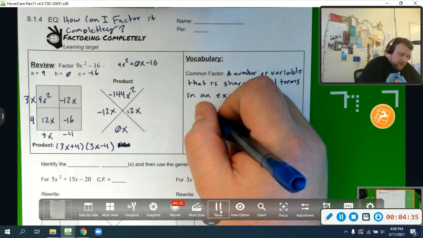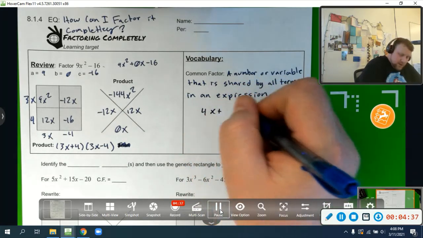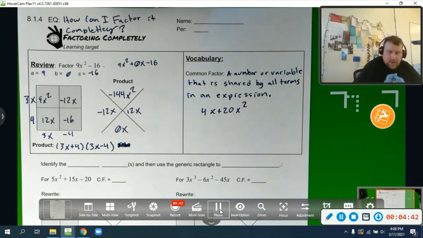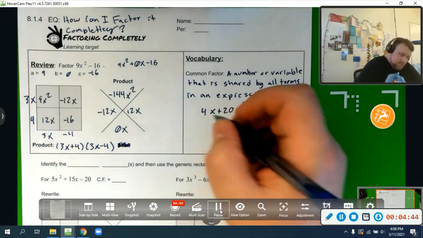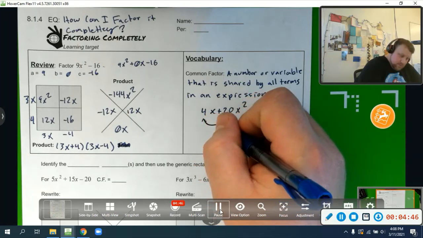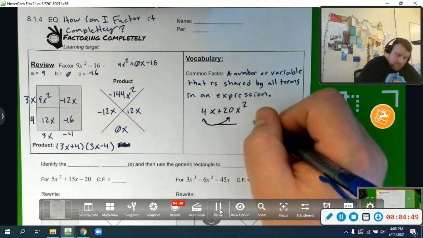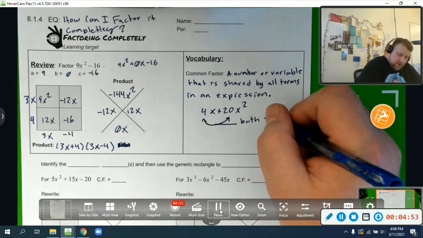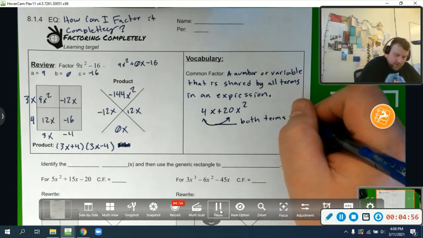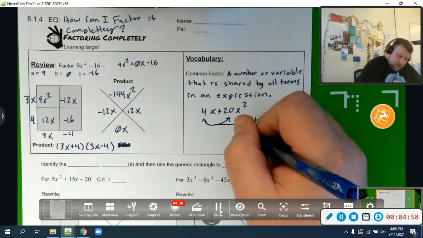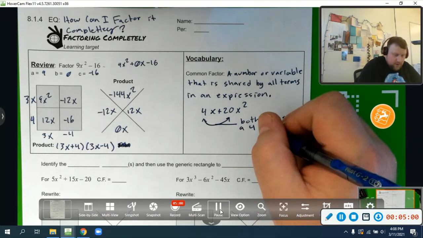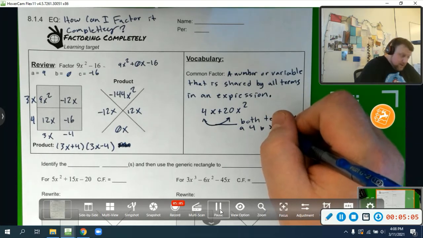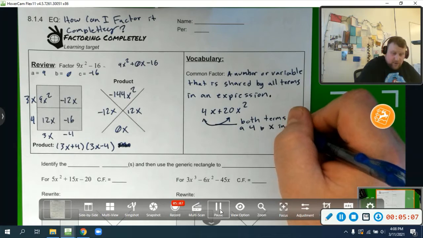So for example, let's look at the expression 4x plus 20x squared. Well, both terms have a 4. A 4 is a factor. And both terms have an x as a factor, or in common.